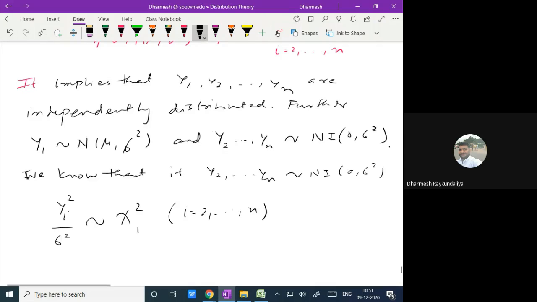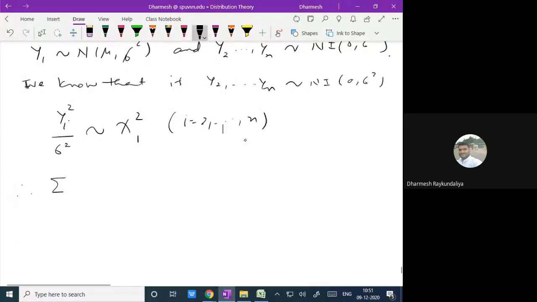Therefore, because y2, yn are independent, the sum of squares of these random variables is also a chi-square, with corresponding degree of freedom n minus 1, because there are n minus 1 observations.